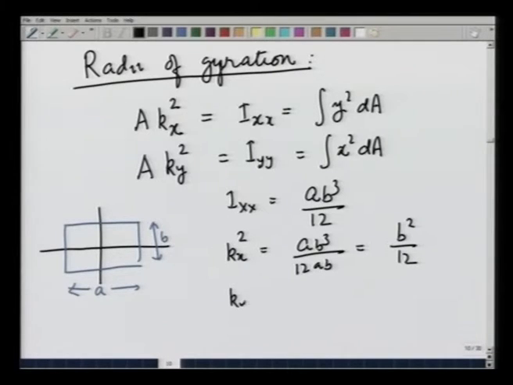Similarly, k_y squared is going to be a squared over 12, and from these the radii of gyration about the x axis and the y axis can be calculated.